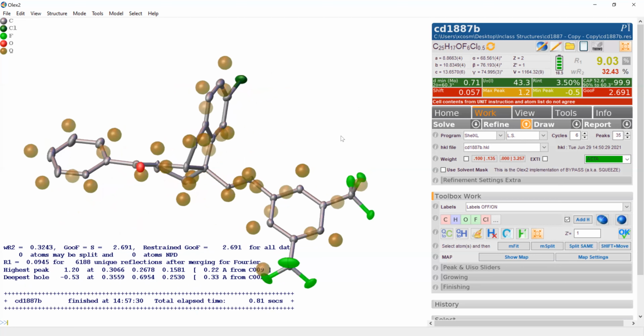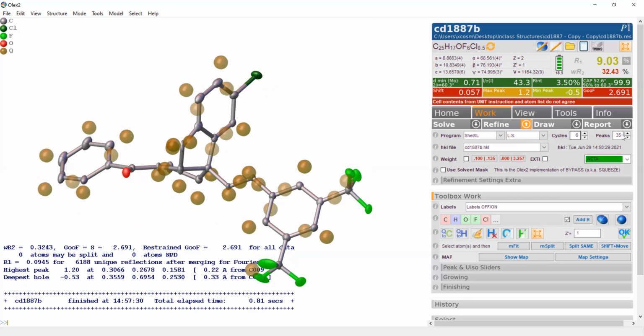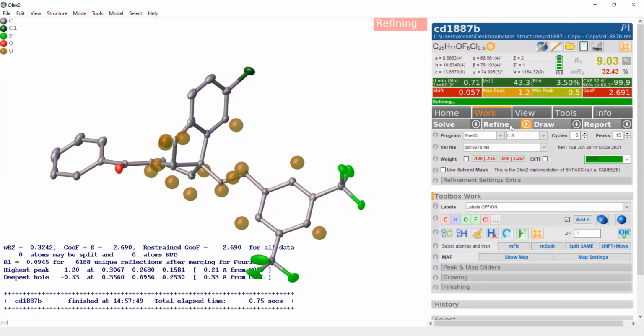So that's a good indication that this was, in fact, a chlorine atom. And also notice now that our shift parameter is converging. Before, when we had it as a fluorine, the shift wasn't converging because that fluorine atom wasn't doing a good job of modeling that electron density.